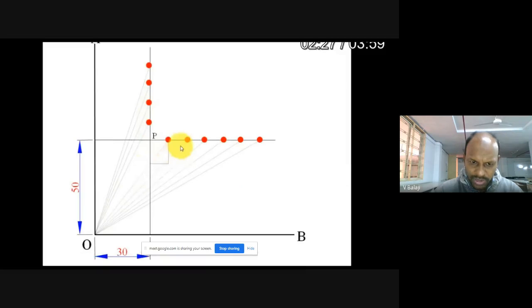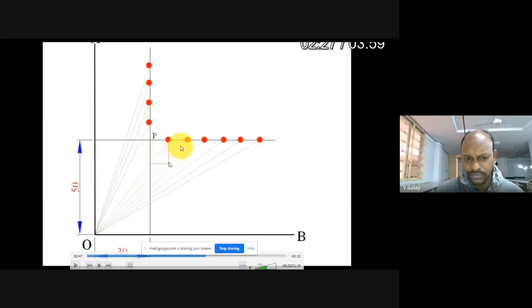From that point you draw a horizontal line, and from the red dot you draw a vertical line. These two small lines will intersect again at a particular point. This is the first generating point. So this is the first point we have generated.